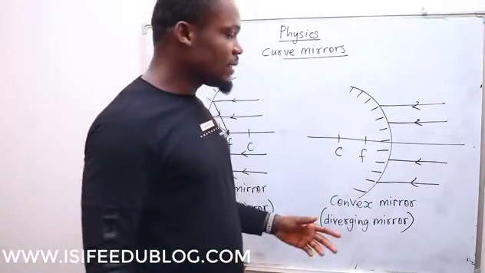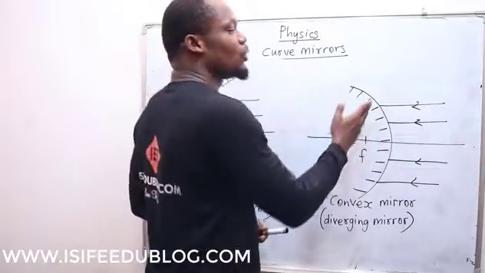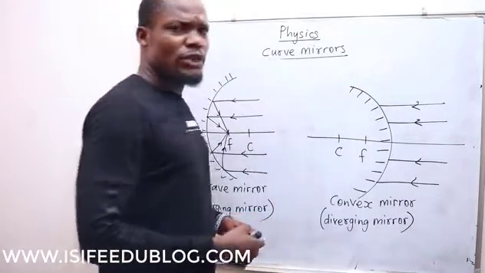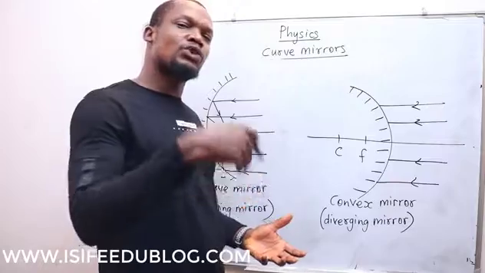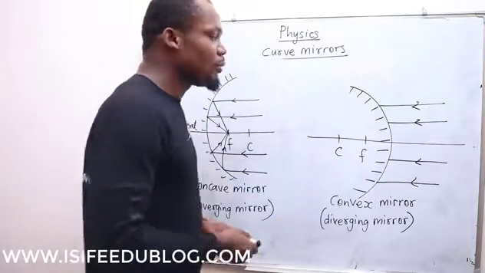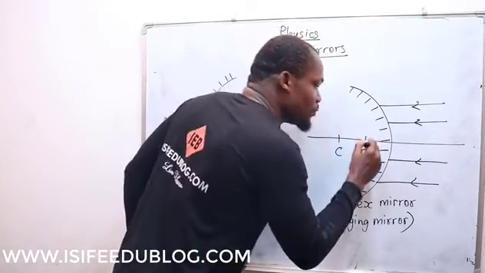So what will happen here is that these lights are going to diverge. But they don't just diverge anyhow. They must diverge through a point. And that point is the principal focus again.